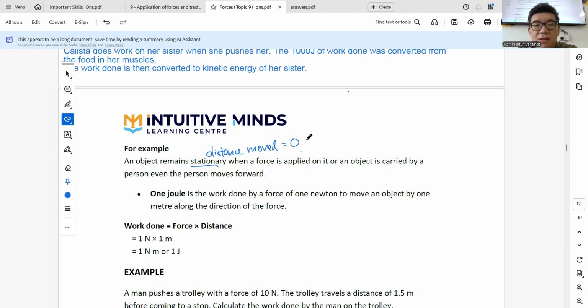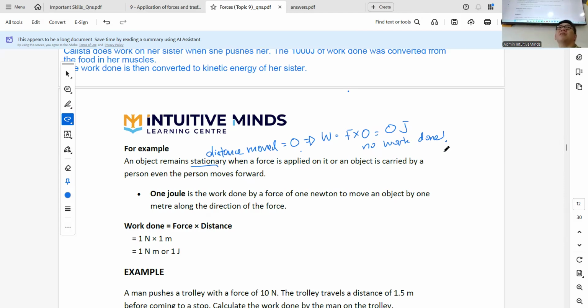So therefore, the work done is force times 0 equals 0. So no work done. Example, I'm pushing against the wall. If I push against the wall, is the wall going to move? No. So therefore, there's no work done.